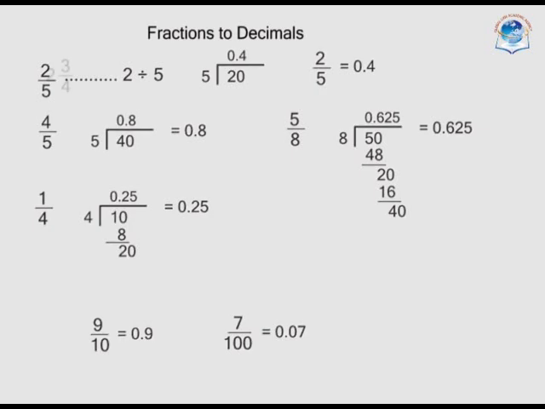For mixed fractions, we can first make them improper fractions. For example, 2 and 3 over 4, we have 11 over 4, and then we divide normally. 4 goes into 11 2 times because of 8. We subtract and we get 3. At this point, we do not write remainder 3. No. We proceed. But because there is nothing to drop, we put a decimal point here and add 0 here.